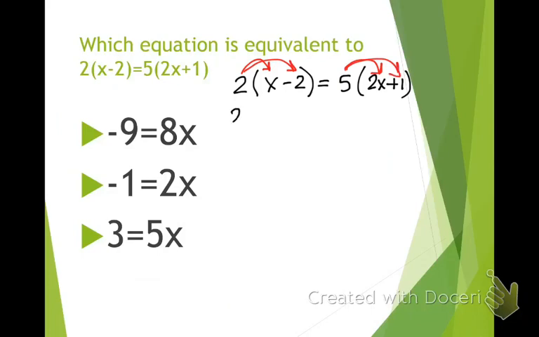On the left I get 2 times x is 2x, 2 times negative 2 is negative 4, and on the right-hand side of the equal sign I get 5 times 2x is 10x, and 5 times 1 is 5.